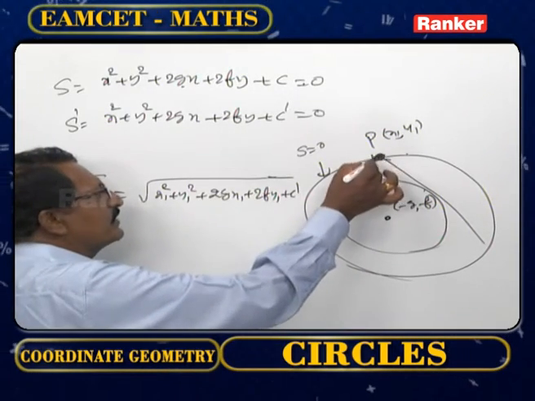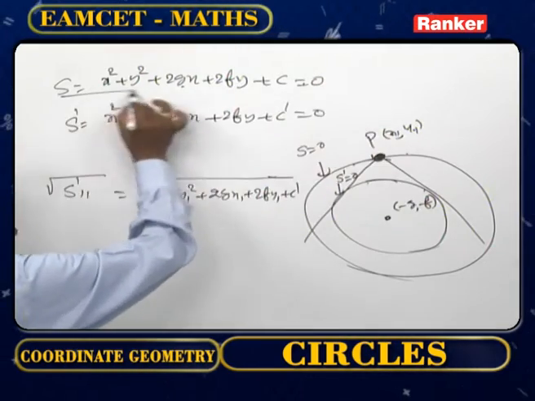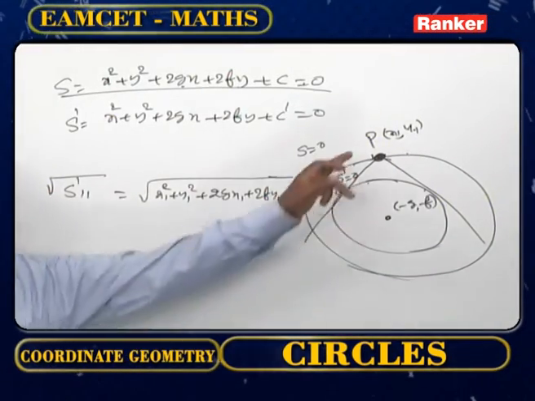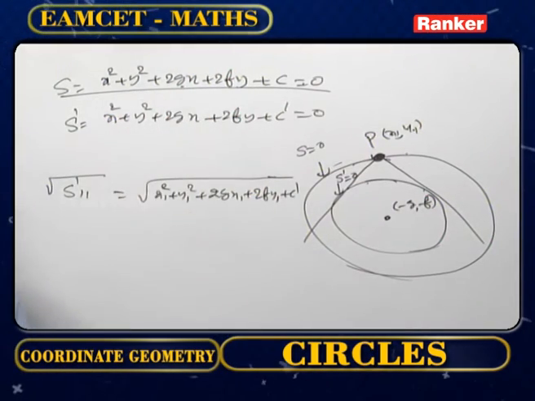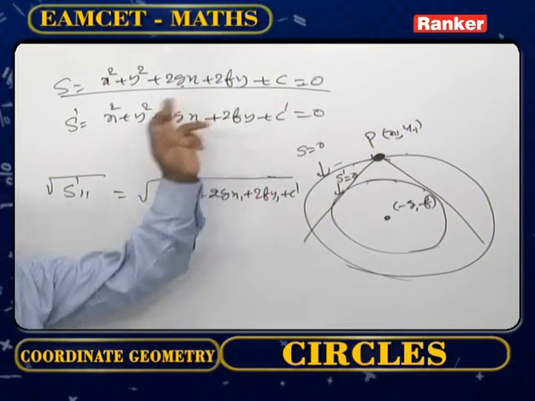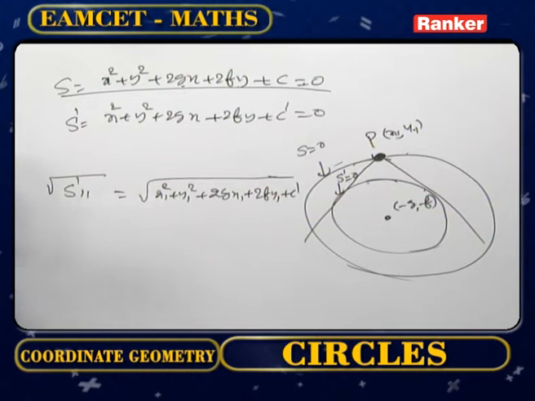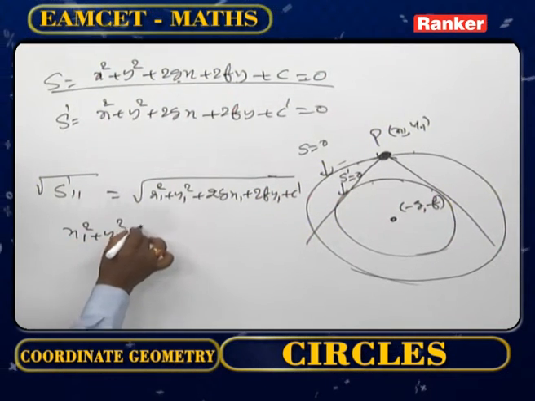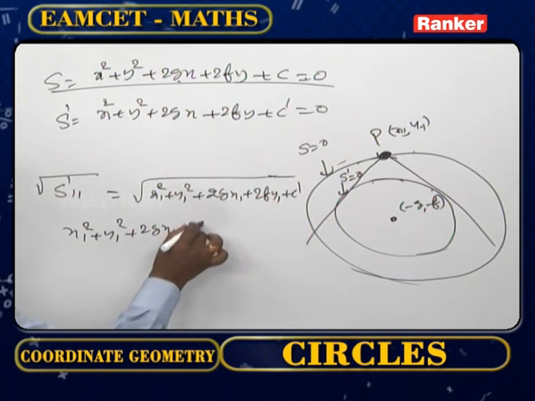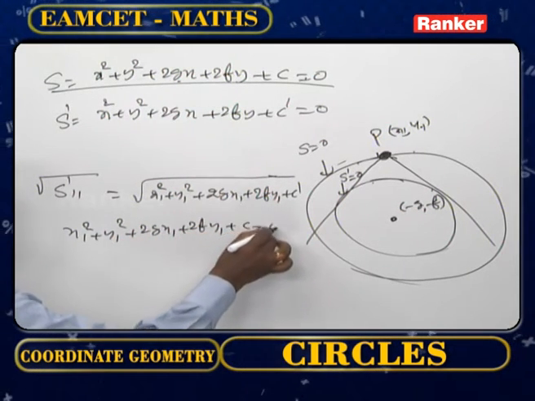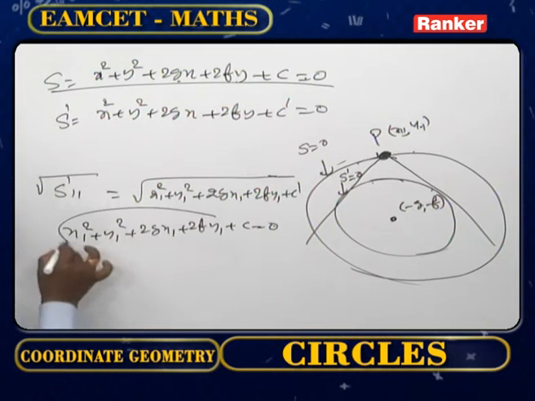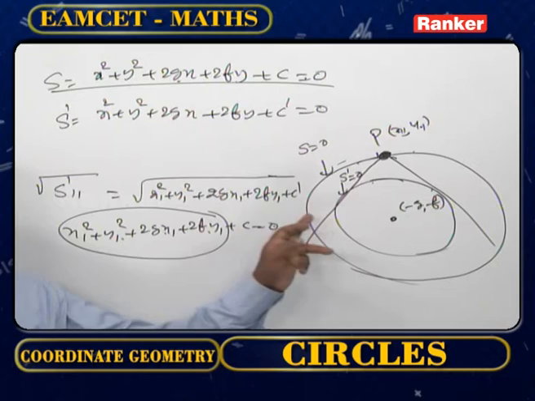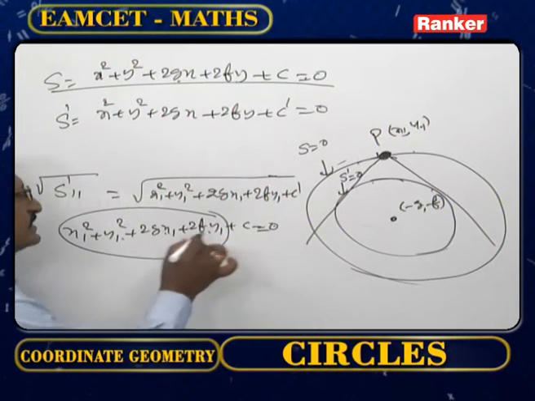But the point P(x1, y1) lies on the first circle, S equals 0. Substituting in the equation of the first circle, it must be satisfied: x1 square plus y1 square plus 2g x1 plus 2f y1 plus c equals 0. So x1 square plus y1 square plus 2g x1 plus 2f y1 equals minus c.